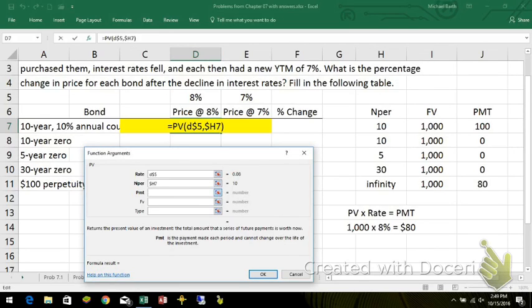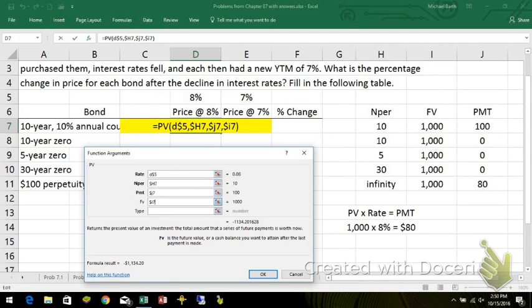The payment, it would be dollar sign J7. That would be this cell here, and the future value would be dollar sign I7.